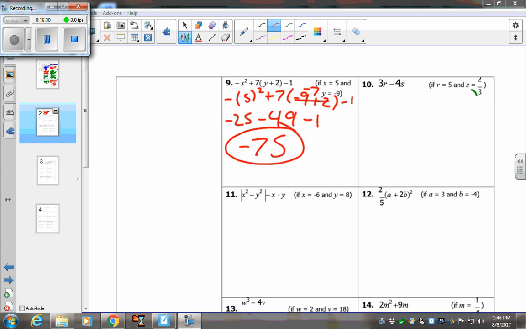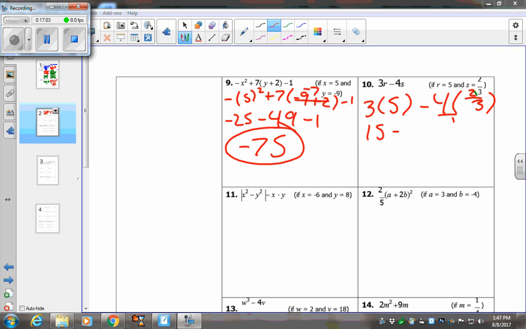3r minus 4s. 3 times 5 minus 4 times all that ugly fraction, right? 2/3. 3 times 5 is? When you are multiplying with fractions, you do the top numbers multiplied together over the bottom numbers multiplied together. 4 is the same thing as 4 over 1.